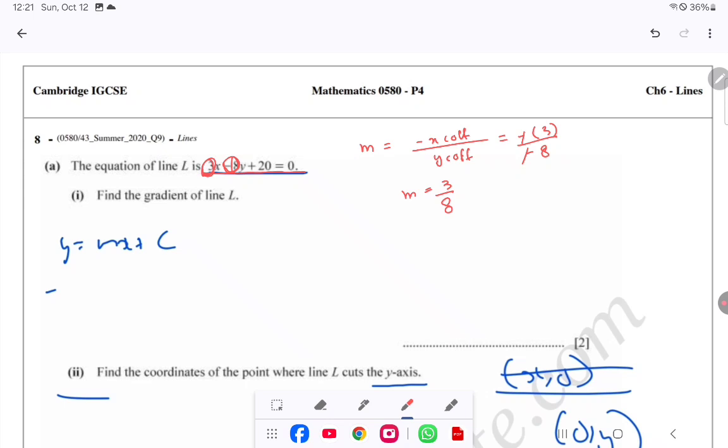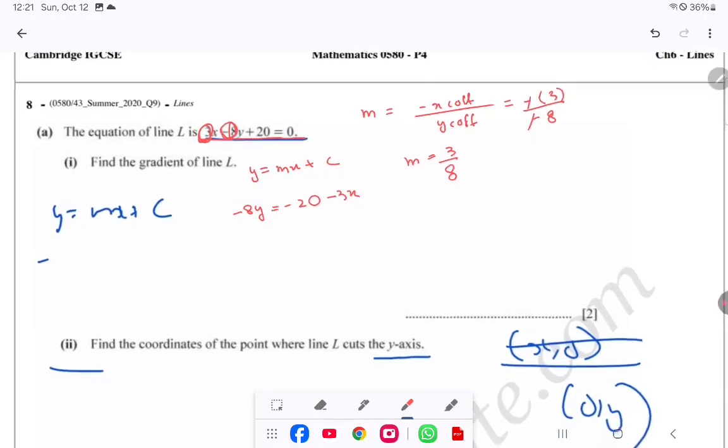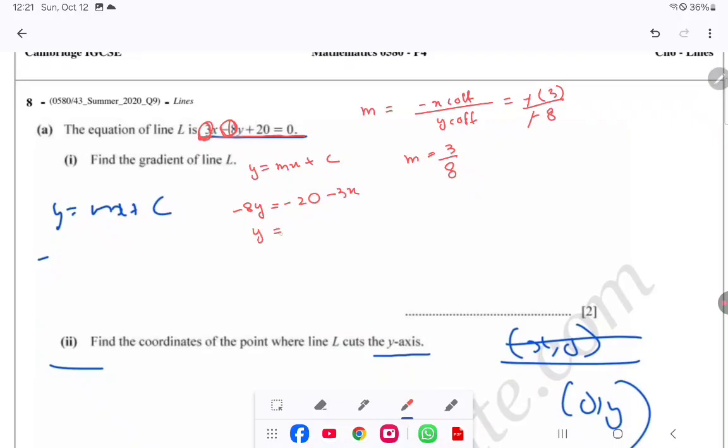Now arrange this whole equation in terms of y, so we can compare it with the mx plus c equation. So 8y, subtract both sides with negative of 2, subtract both sides with negative of 3x, divide both sides by negative of 8, 20 over negative of 8 over negative of 8.